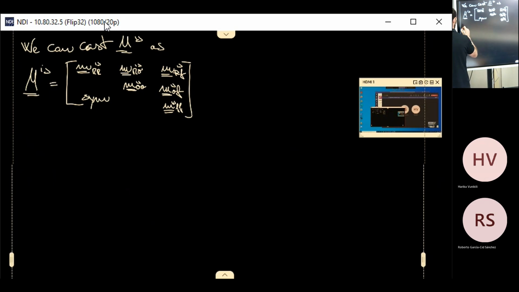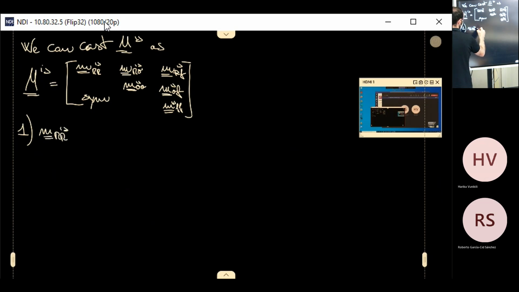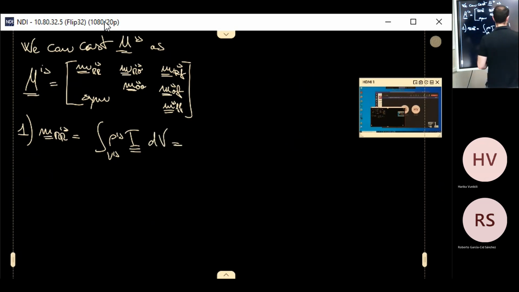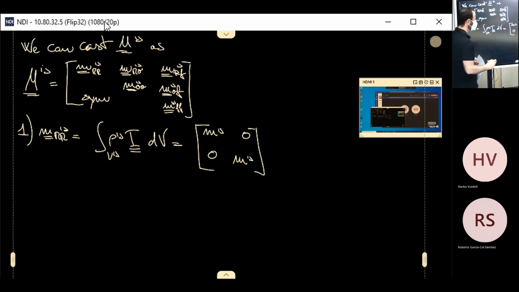So let's start. This we have already learned how to write it. Then the integral of the density times the first matrix on the left top corner, no, of the previous matrix, which is the identity matrix. And this is a constant matrix. Where this is the mass of the element. And that's it.